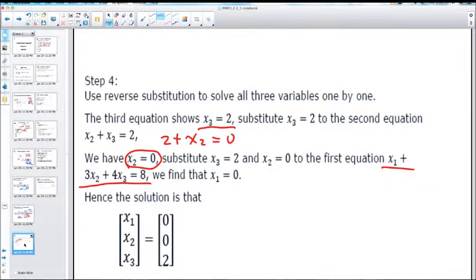So what that means, x1 plus 0 plus 8 equals 8, then x1 also equals 0. You get the same solution, 0, 0, 2. So you use MATLAB or you use the Gauss-Jordan algorithm, they really work in the same way and it's very efficient.